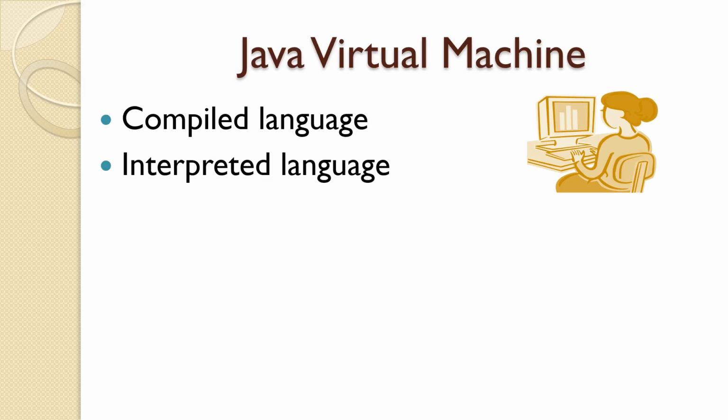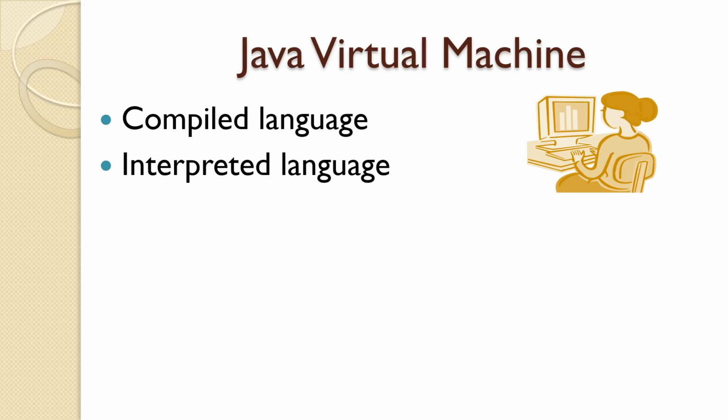That's why we generate a .class file from the .java file. Whereas in interpreted languages, like the scripting languages JavaScript and Python, the instructions of a script are executed directly without compiling them.